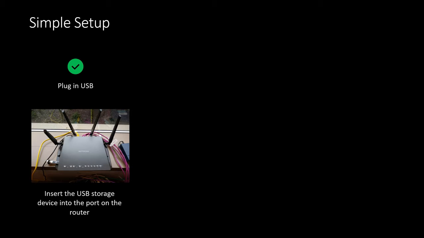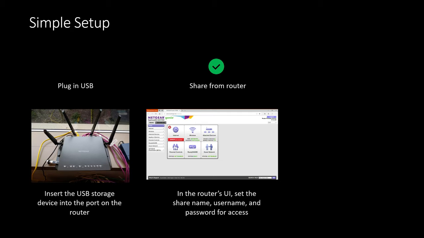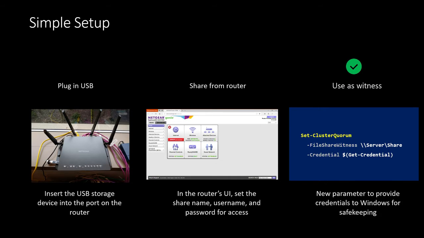SMB2 or higher is what we want you to have. You also have to have some sort of ability to create a share. So here, I go into the router's UI, and I can set up my share name, I can set up my name, I can set up the password for the access of it. Okay? Then once you do that, you have to do it through PowerShell.